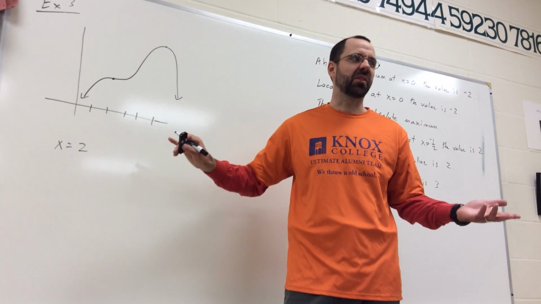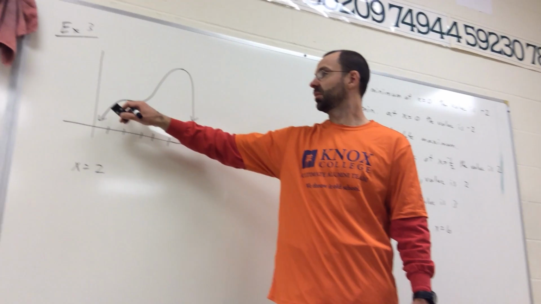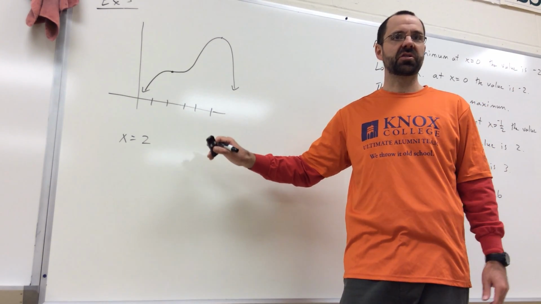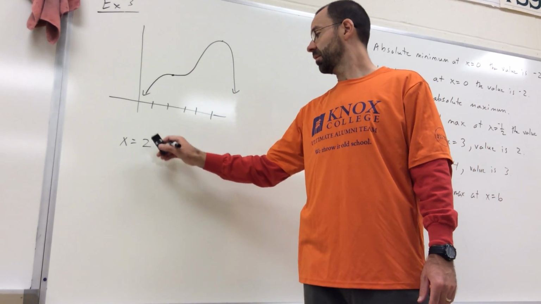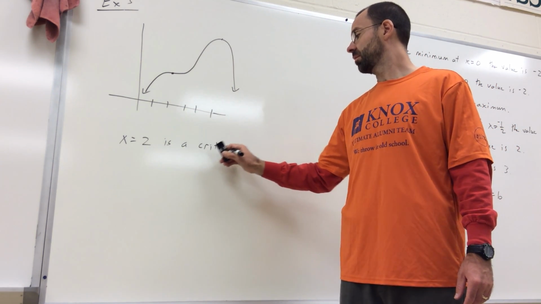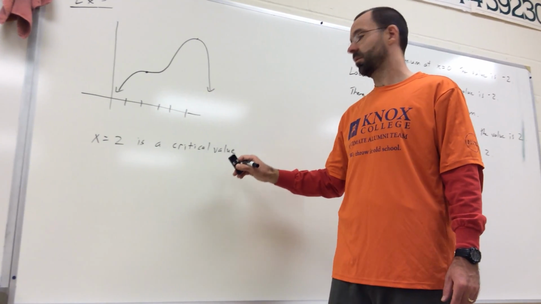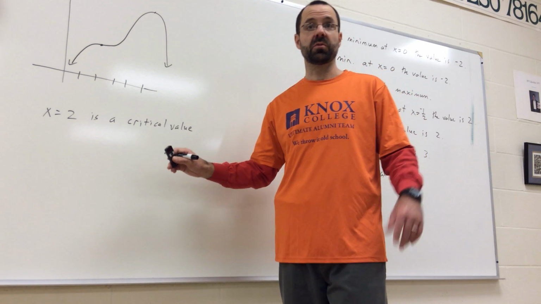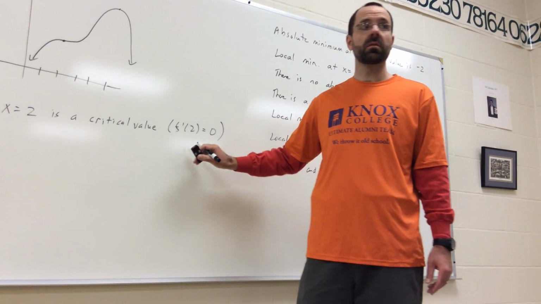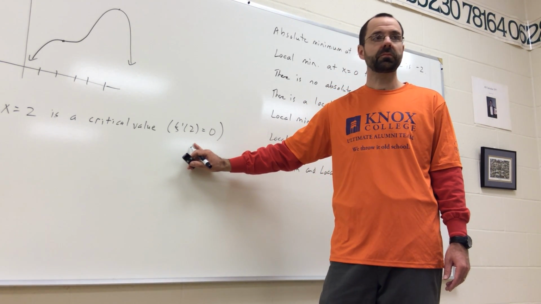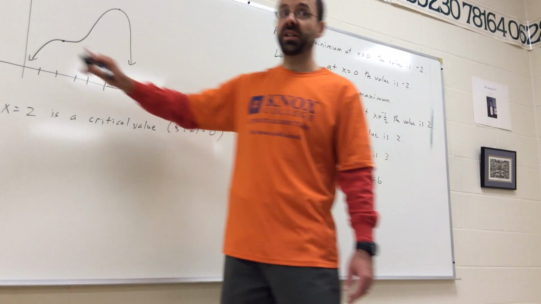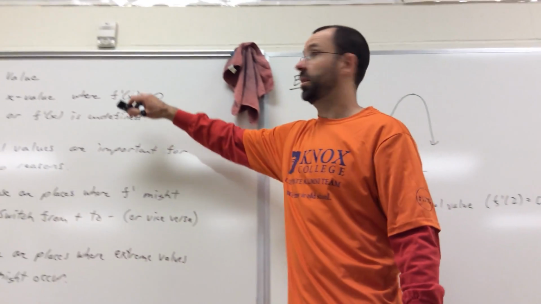I guess I should be more specific. What's happening to the slope at 2? I'm trying to draw it flat there. So the slope is 0 at 2. So that means x equals 2 is a critical value, since f prime of 2 is 0. So by definition, since f prime is 0 there, it's a critical value.